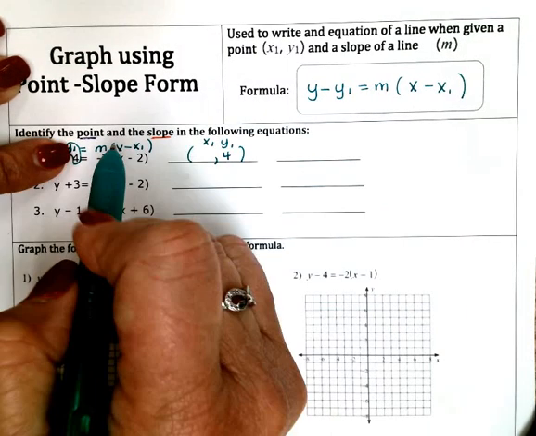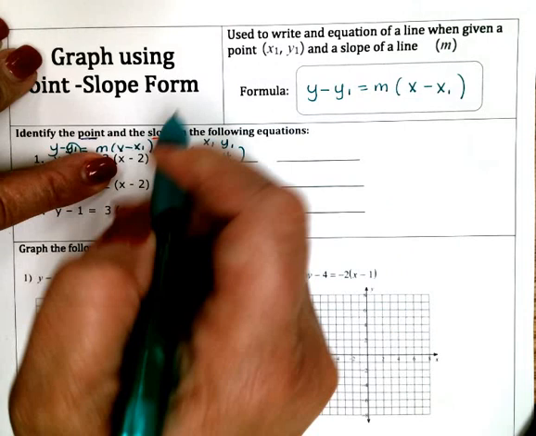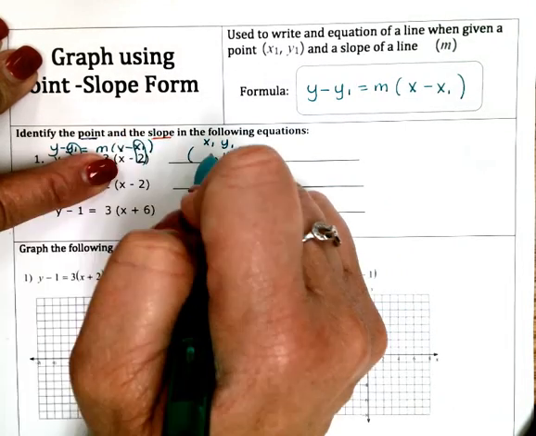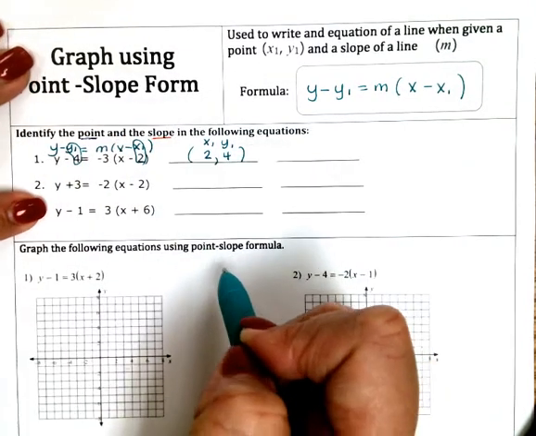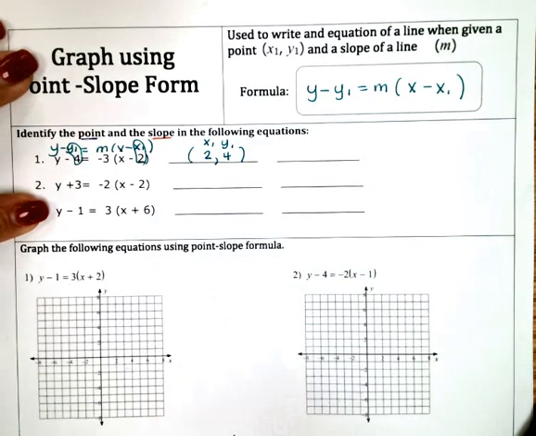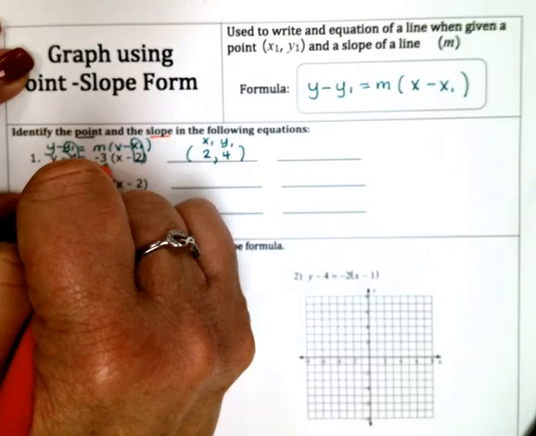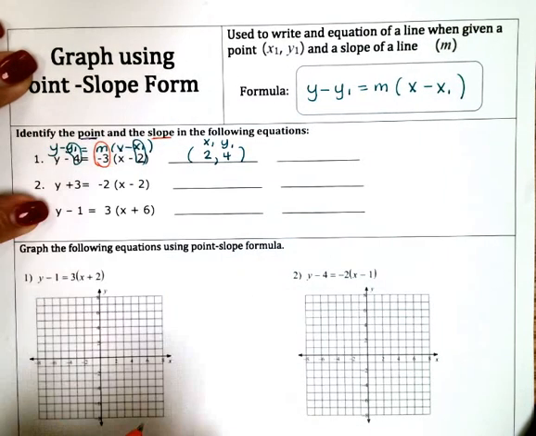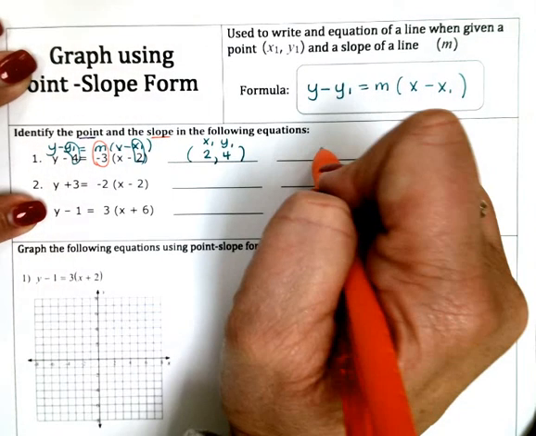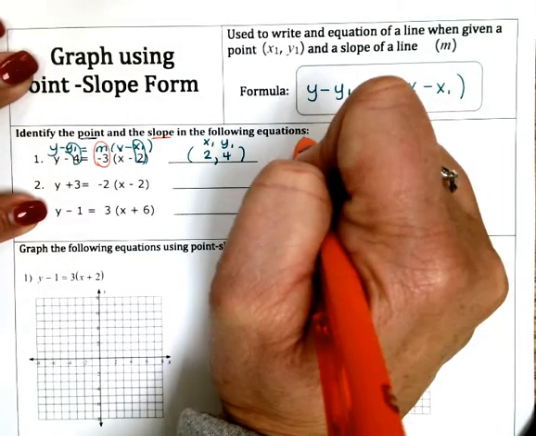I have x minus x1, so my x1 is just the 2. So my ordered pair is (2, 4). My slope sits right here in front of my parentheses, so my slope is 3.